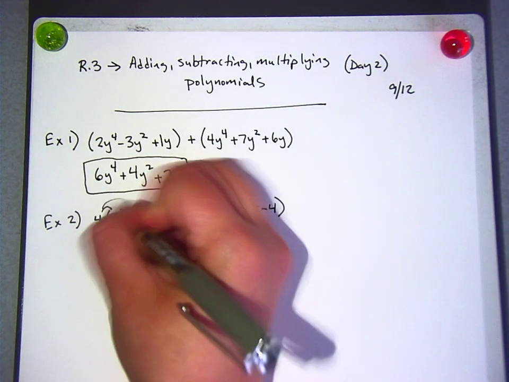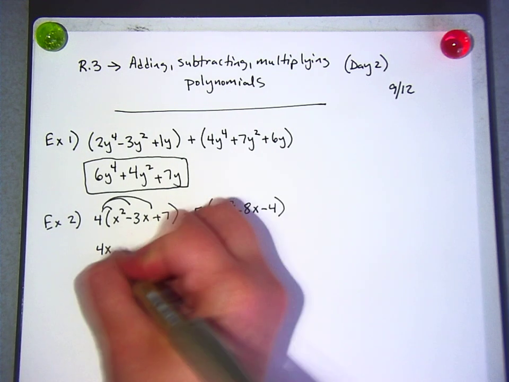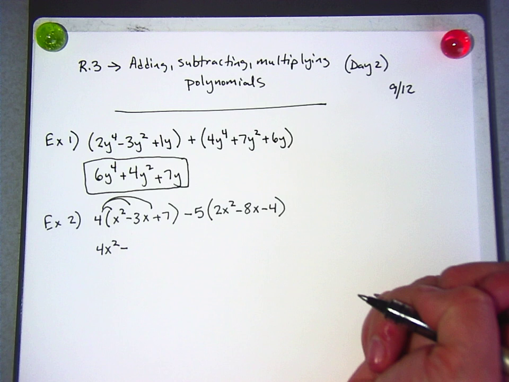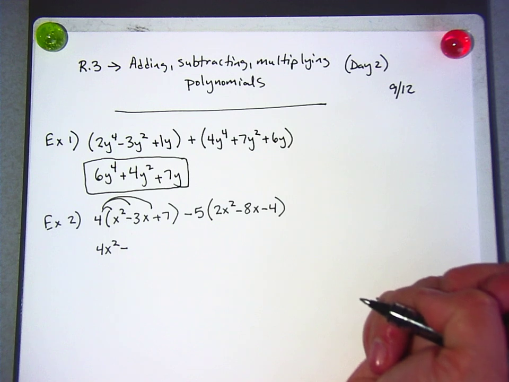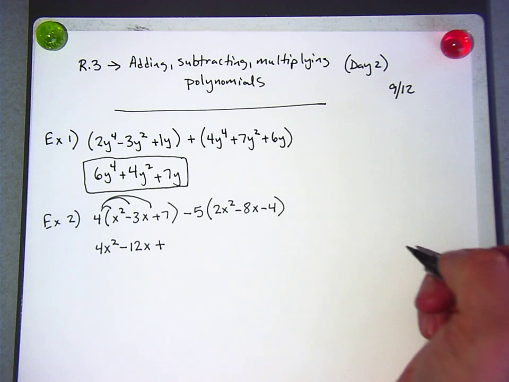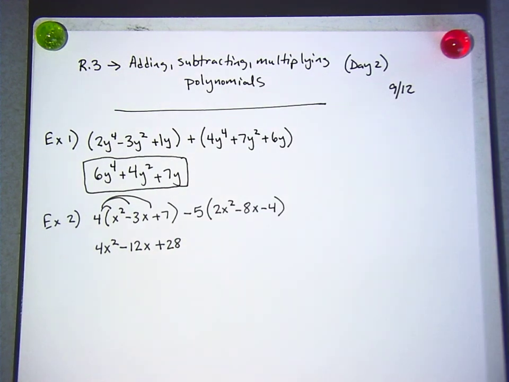It's going to distribute to every single thing. This is 4x squared minus, talk to me, 12x plus 28. This is important, so please pay attention.